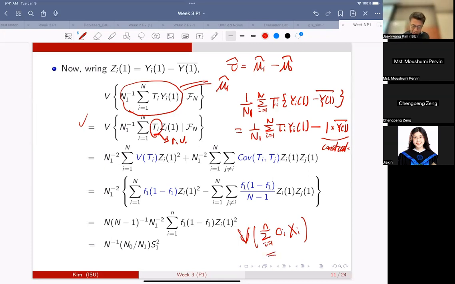It is the summation of Ci squared times the variance of Xi, plus the double summation over i not equal to j of Ci Cj times the covariance of Xi and Xj. That's pretty much a one-on-one type formula, and then we apply it.